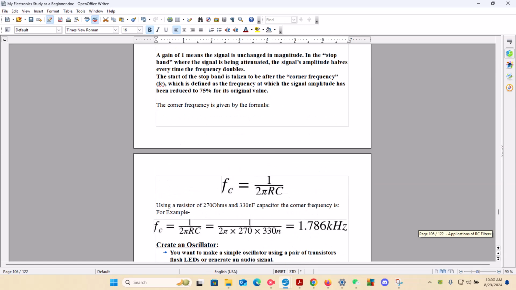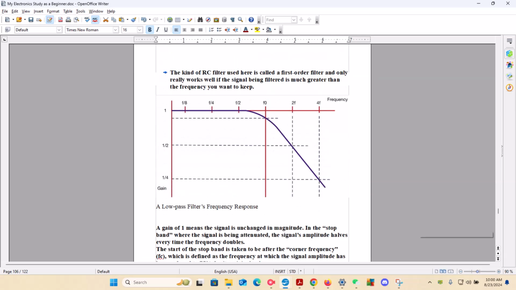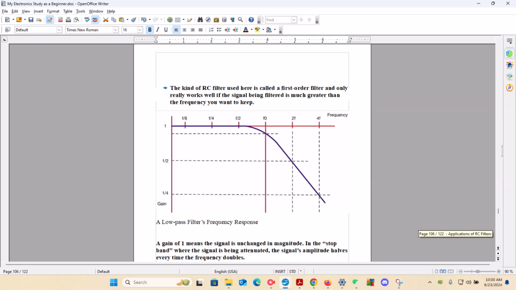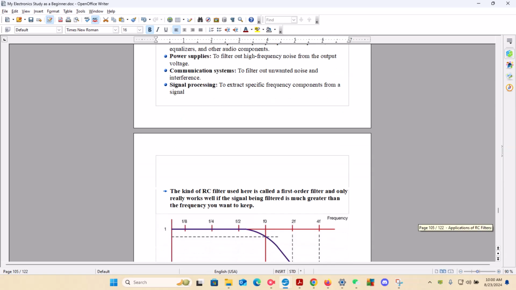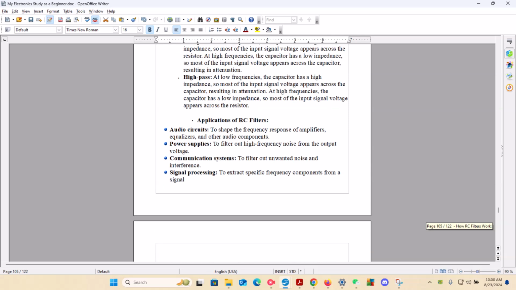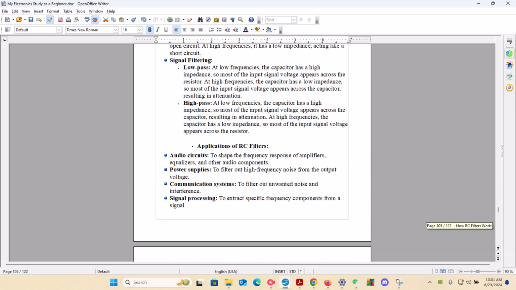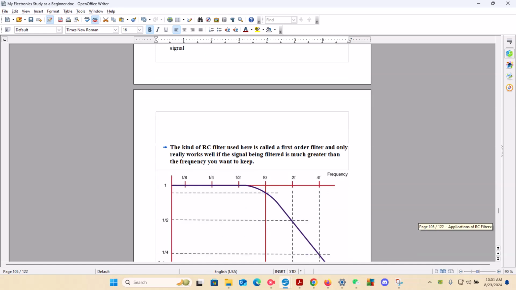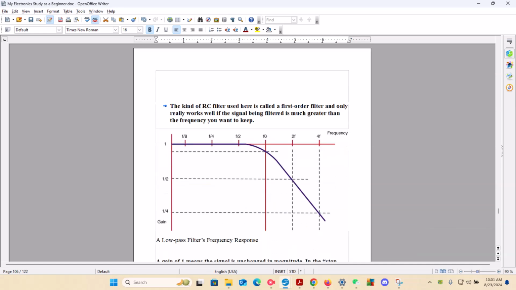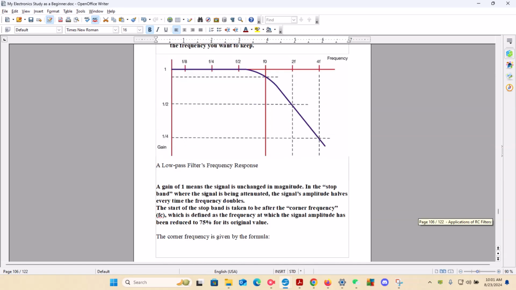Remember, we're talking about capacitors here, and that 1 is the same in terms of a low pass filter's frequency response. If it's 1, it's the same. If it's less than 1, it's going to be increased, and if it's more than 1, it's going to decrease.